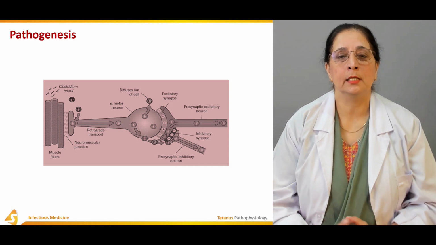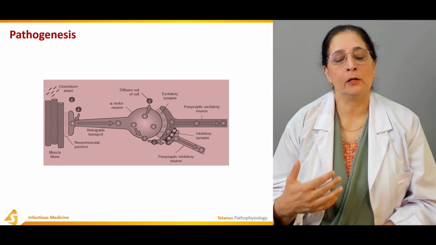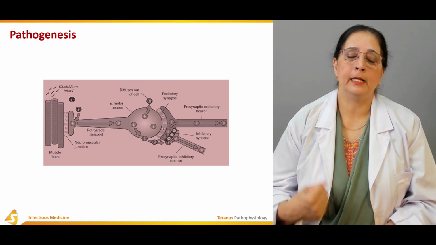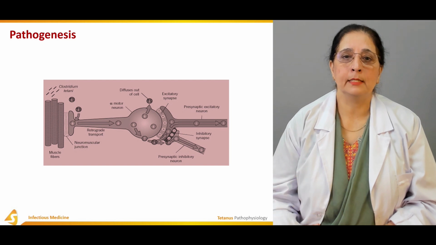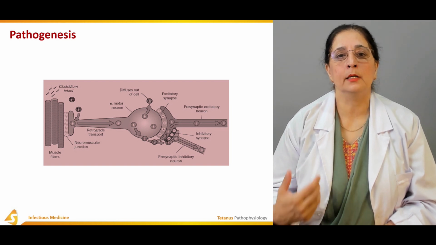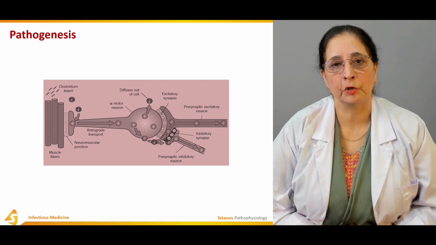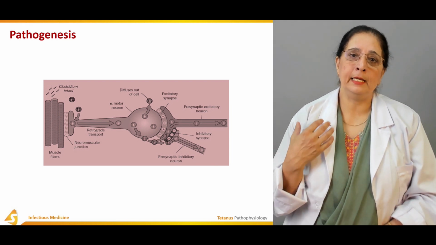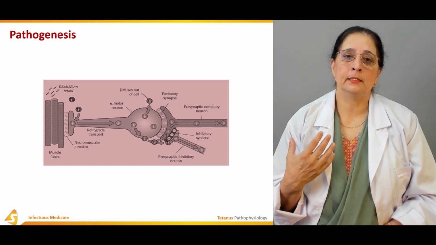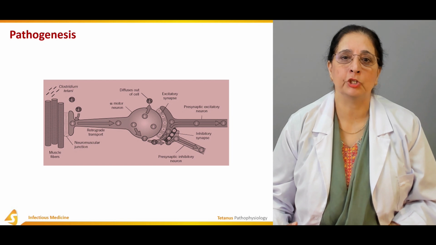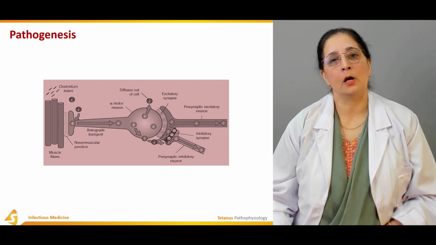It causes inhibition and excitation, and that neuron becomes hyperactive or hyperstimulated, causing constant spasm or contraction. The inhibitory synapse is slowed down, so there is no relaxation of the muscle, and this can cause spasm.